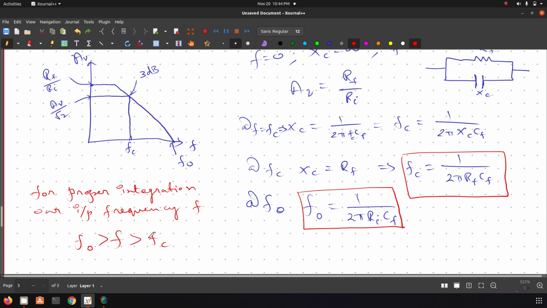It should not exceed this range, or be lower than this range. So this is the condition for proper integration.